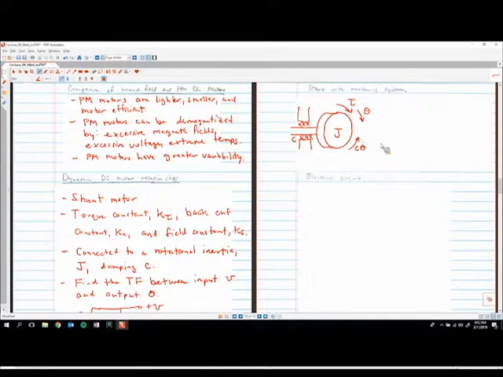All right, and so then using Newton's laws to describe the equations of motion here, we have the sum of torques equals J theta double dot. And then the sum of torques would be equal to tau minus C theta dot equals J theta double dot.